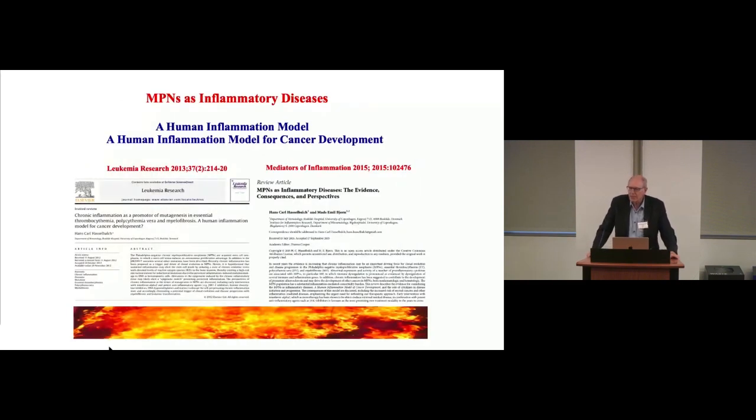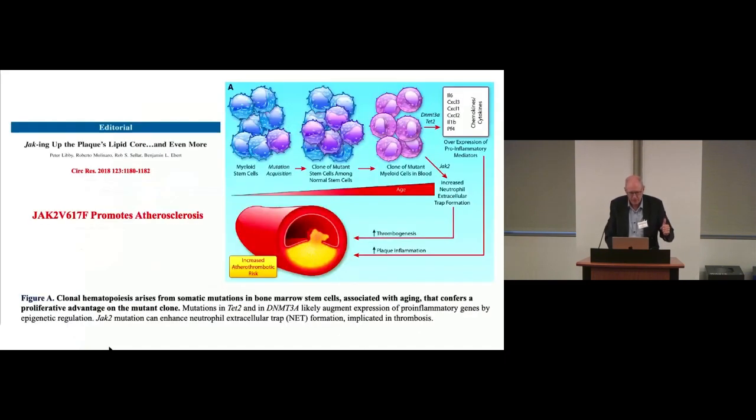We can say that MPNs are inflammatory diseases. They are a human inflammation model, and also a human inflammation model for cancer development in the biological continuum from early stage MPN, ET, and in the HER2-positive patients with the risk of transforming to polycythemia vera, etc. But this process is driven by chronic inflammation.